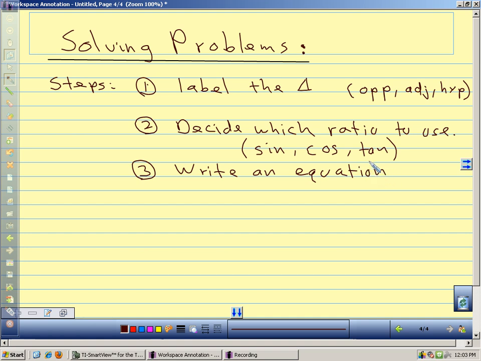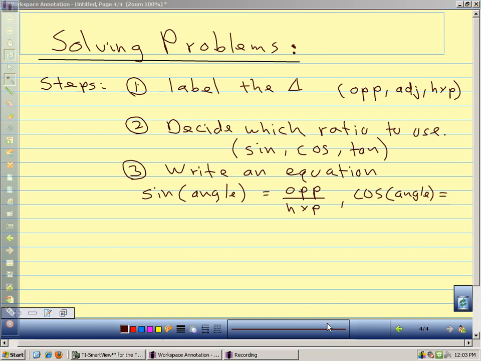And our equation is going to look like the sine of the angle equals the opposite over hypotenuse, the cosine of the angle equals the adjacent over hypotenuse, or the one we used before, the tangent of the angle equals opposite over adjacent.